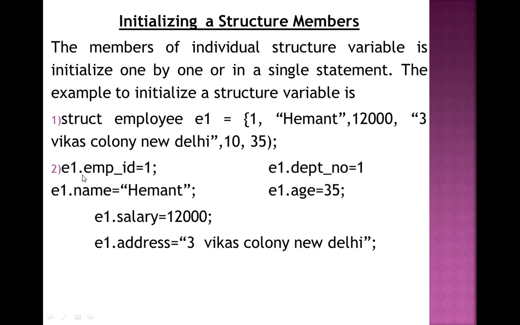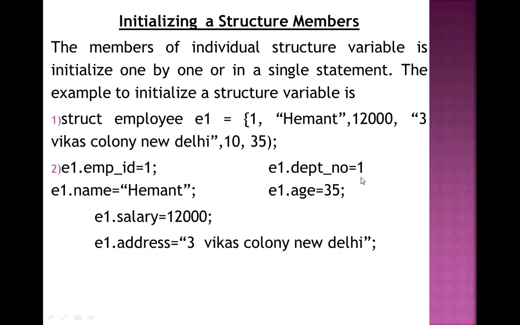So this says E1.employee ID. How we can initialize, how we can access using the dot operator. This is E1.employee ID equals 1. Second, E1.name equals Hemant. E1.salary equals 12,000. E1.address equals 3 Vikas Colony, New Delhi.